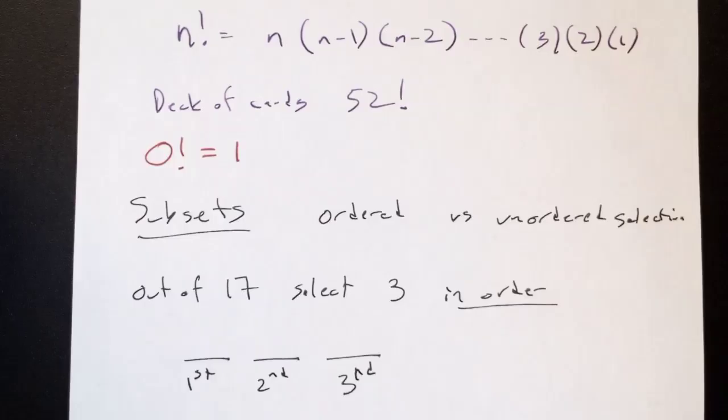How many choices are there for that first place? 17. But now there's a person who's no longer sitting in the room. 16 and 15. Okay. That's the answer, by the way. I don't know what this number is, but that's the answer. I would multiply all three of these things together, and I would get the answer.